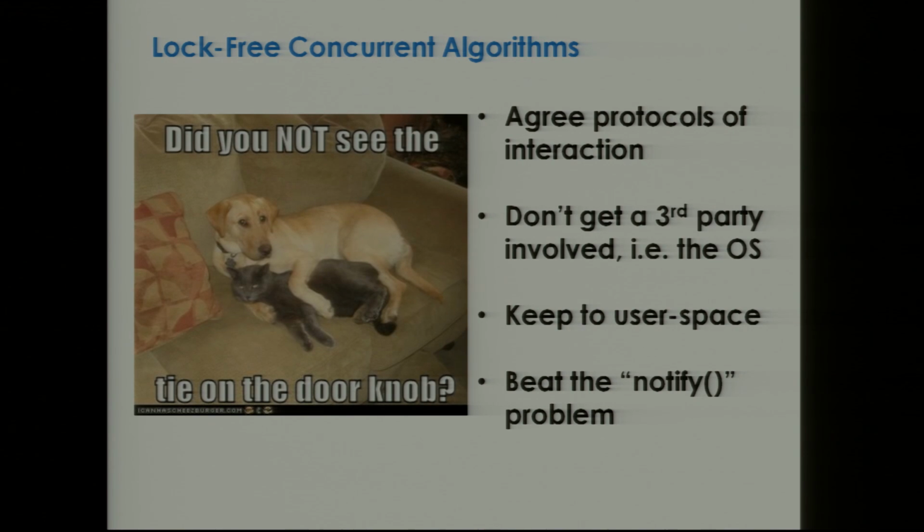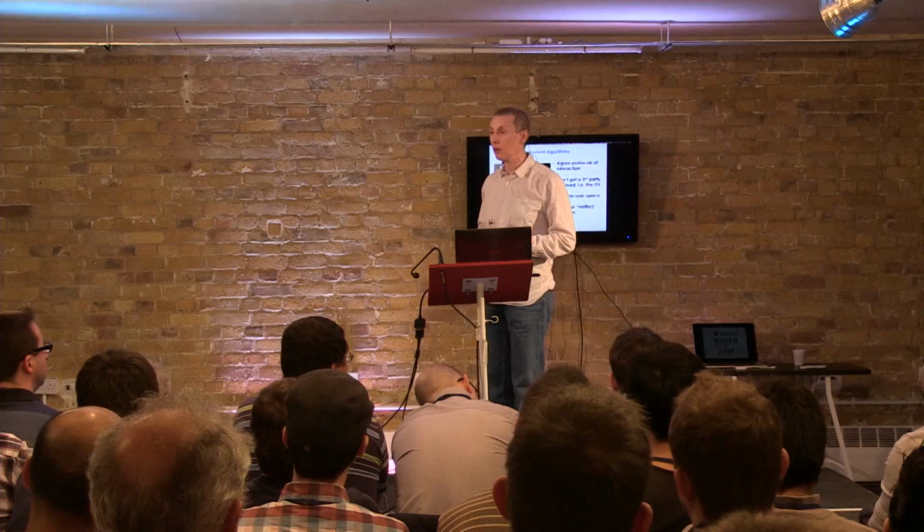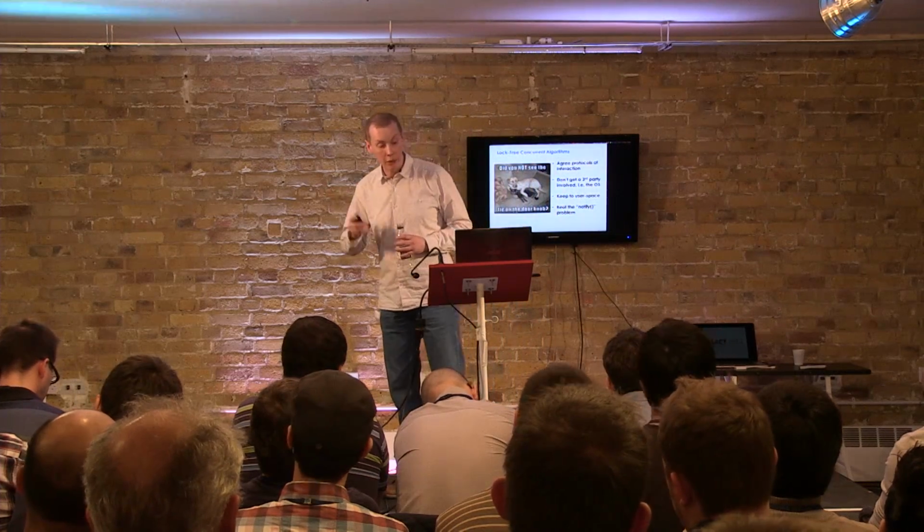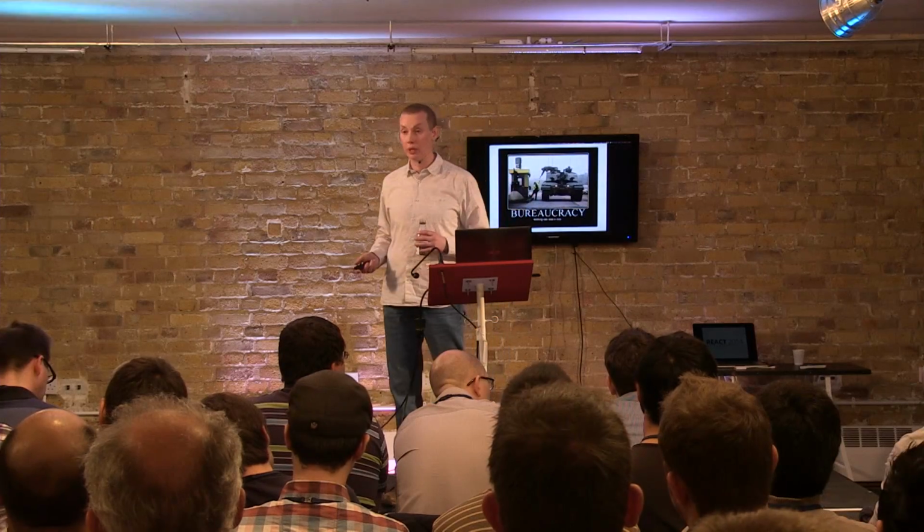Don't get the operating system involved if you don't have to, especially now in this virtualized world where the cost of getting the operating system in is absolutely huge. And that way you can beat the notify problem. The other alternative is you end up in bureaucracy and it becomes absolutely silly. So beware those peddling futures. Ask them what's under the hood.